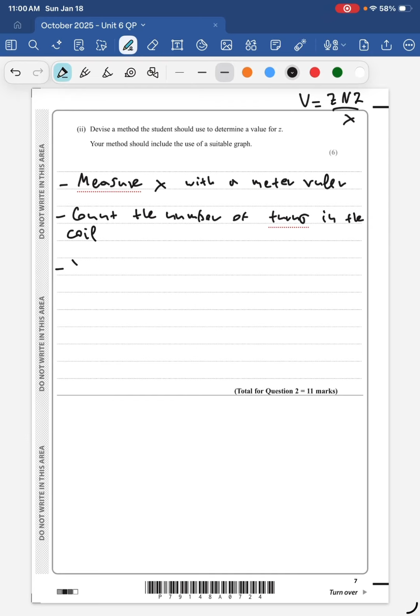Okay, so you must keep n and x constant and vary I pretty much, right?